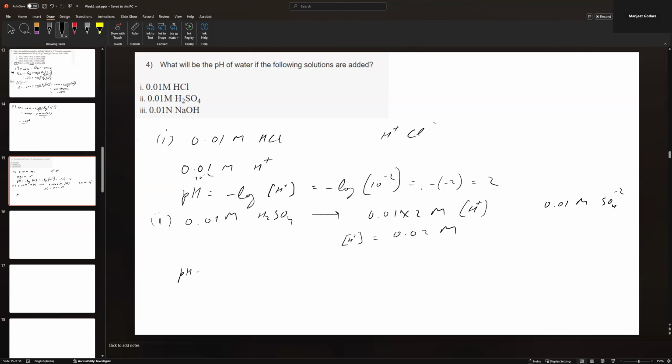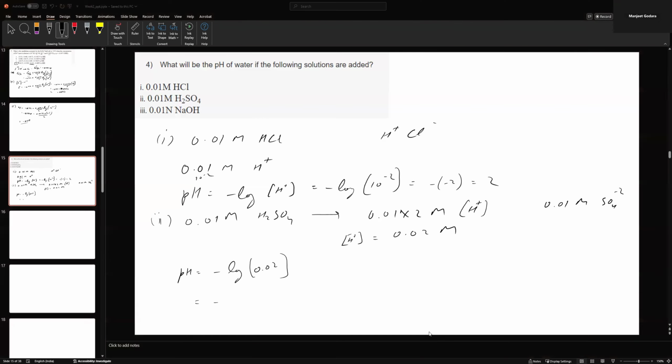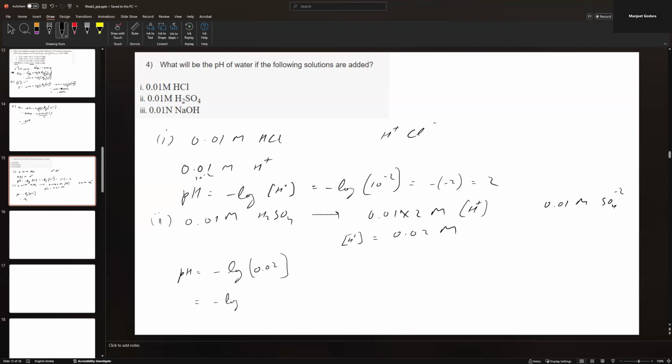Again, pH is equal to minus log of 0.02. This becomes 2 times 10 to the power minus 2, so minus log 2 multiplied by 10 to the power minus 2.